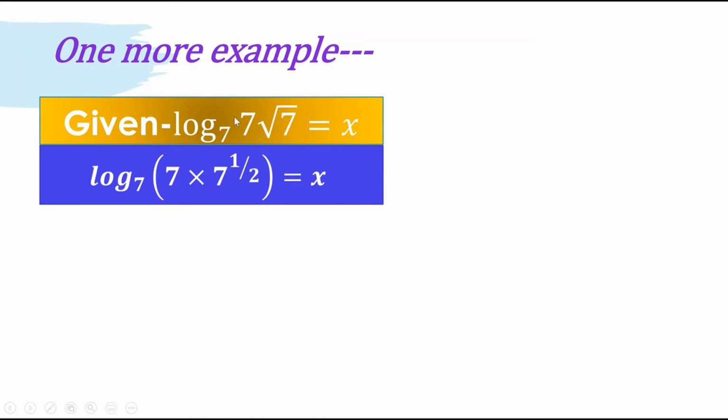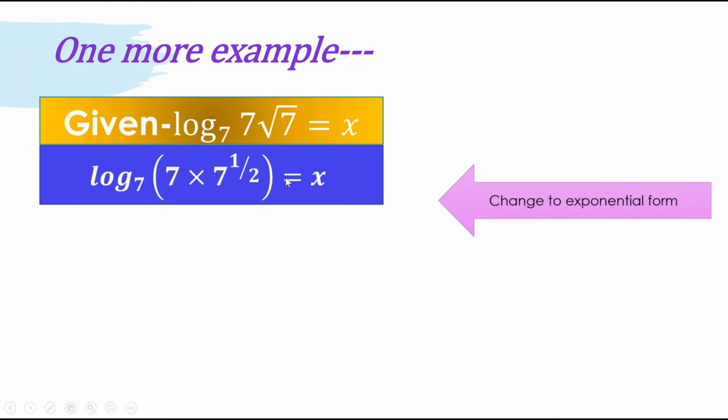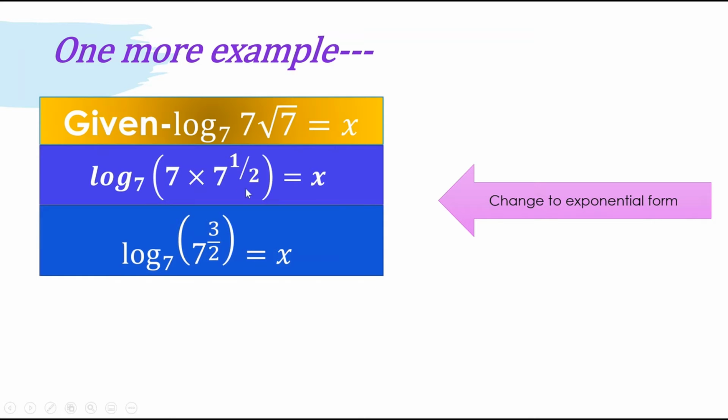If you can see 7 root, what does root mean? Square root. That means the exponent is 1 by 2, as we know from the indices laws. So we are just changing it to the proper exponential form, and then we can write it as log of 7 to the power 3 by 2. Why 3 by 2?